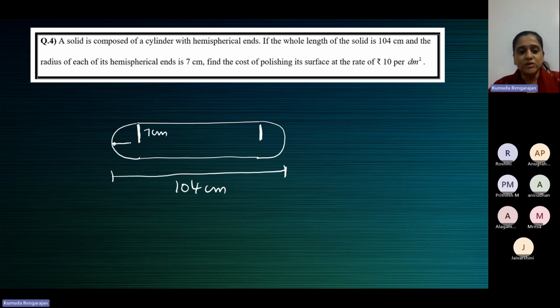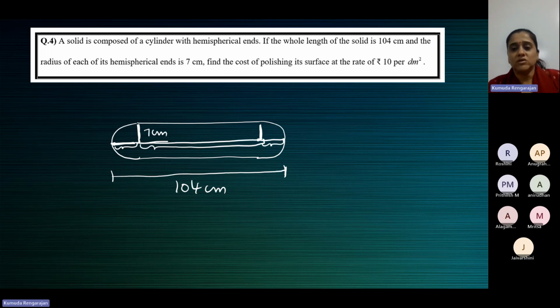It's the height of the hemisphere, or you can say the length because it's horizontal, plus the length of the cylinder plus the height of the hemisphere. Three things add to 104, correct?